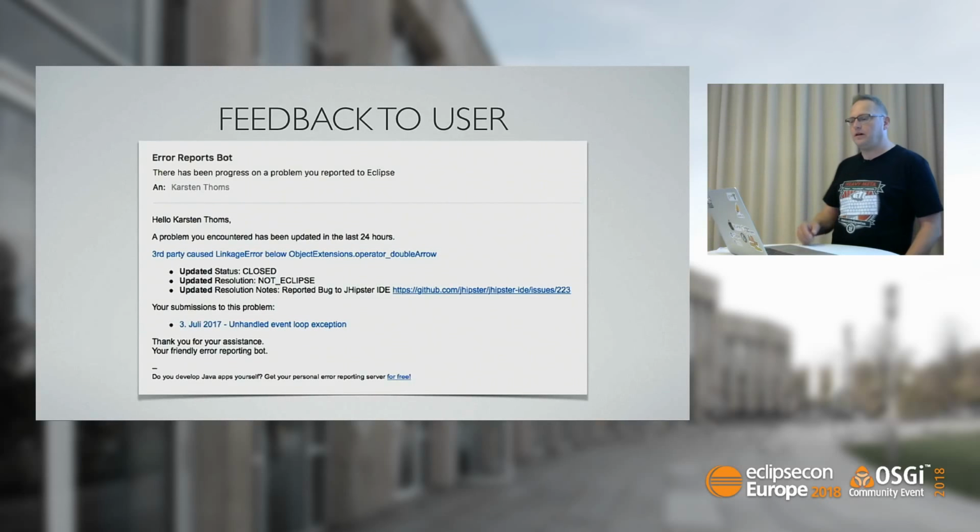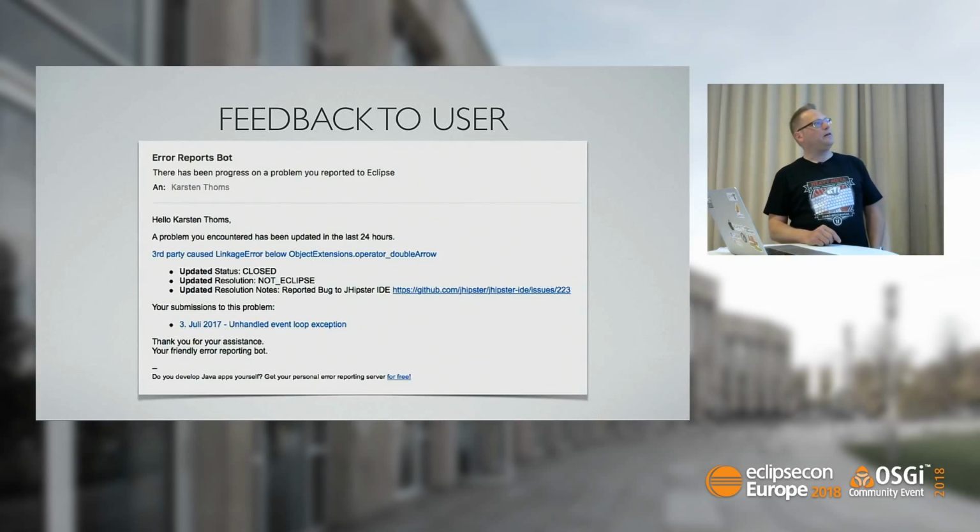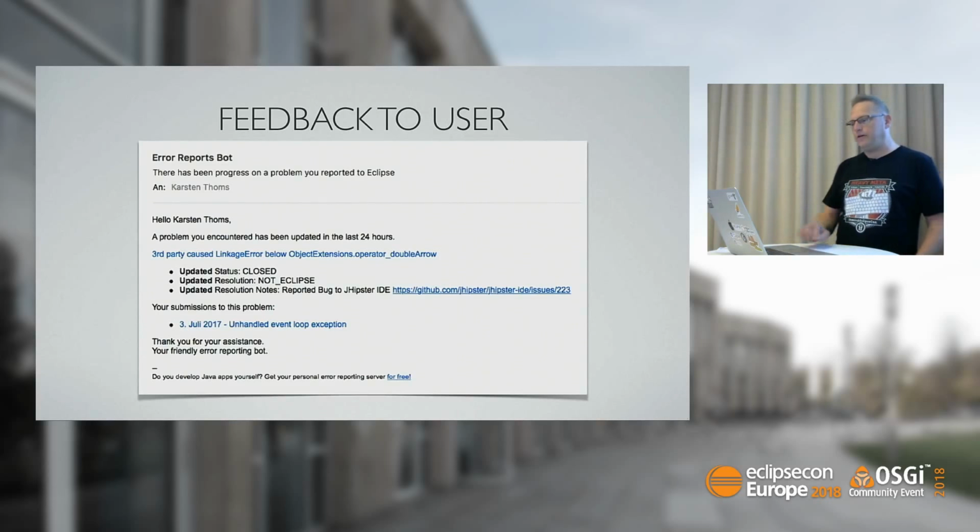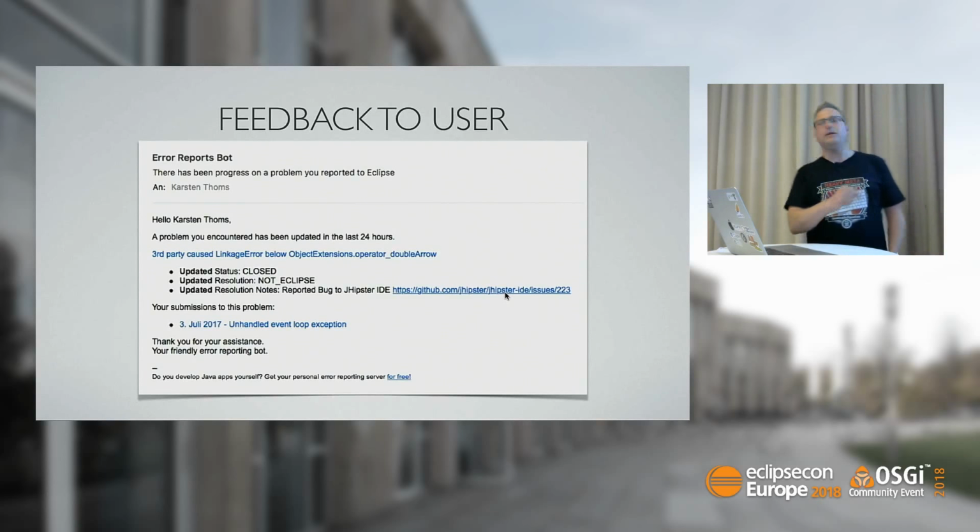For example, this is a problem that I faced someday, and actually I looked into the system and found out that this problem, which was reported to Xtext, is actually not related to Xtext, but by a project that uses Xtext, namely JHipster IDE.